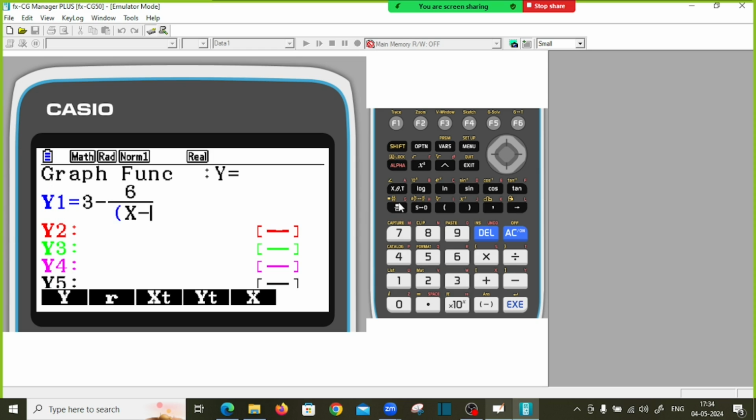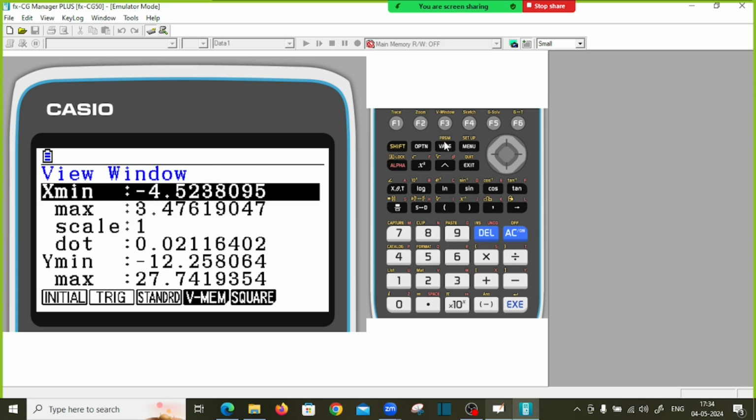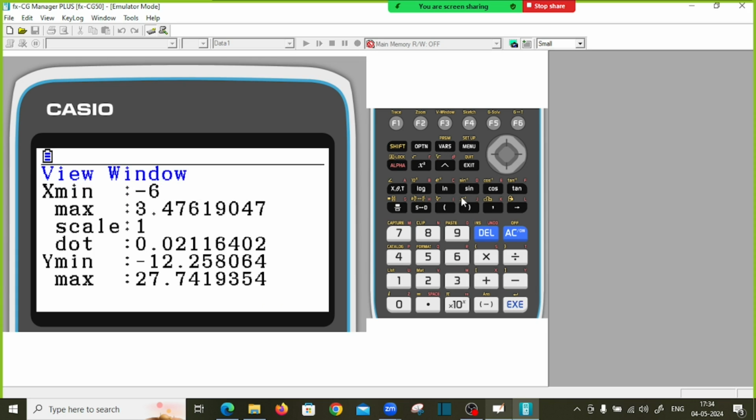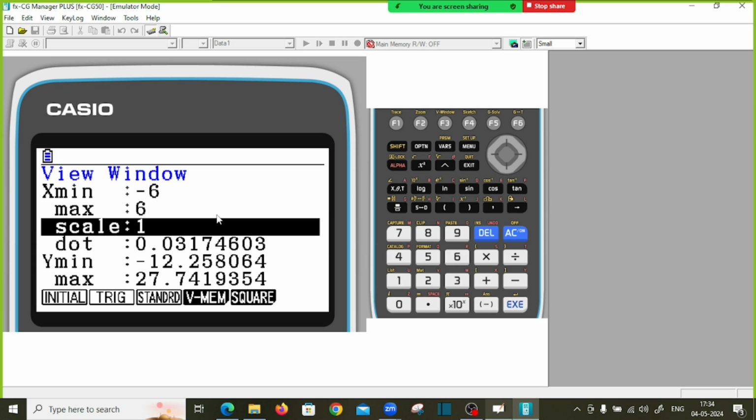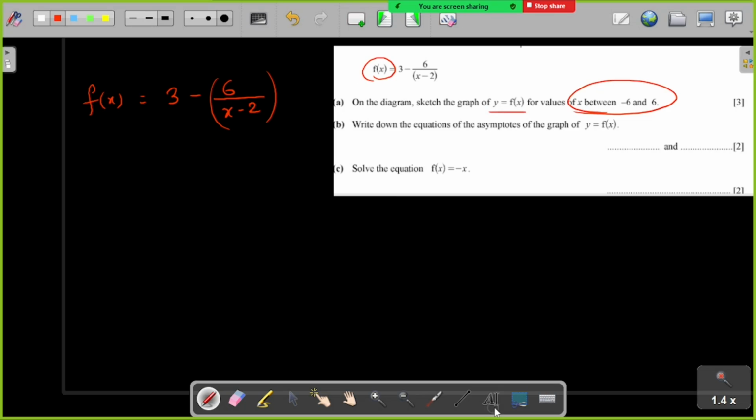So it's x minus 2, bracket close, simply execute, then go to view window, and we have to keep it between minus 6 and 6. So I will type here from minus 6 execute to 6 execute, and scaling is 1, correct, enter, enter, execute. Okay, so this is the graph of the given function, right?